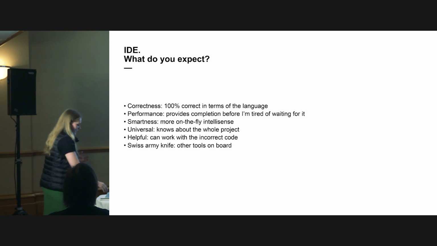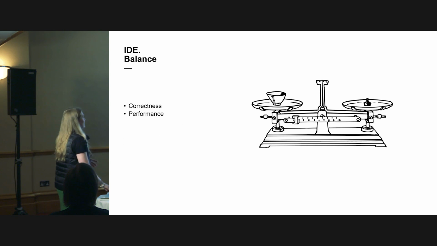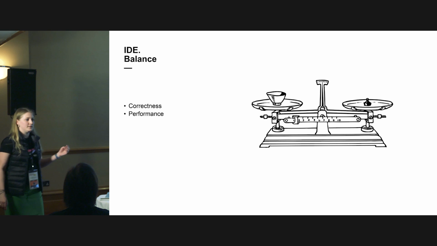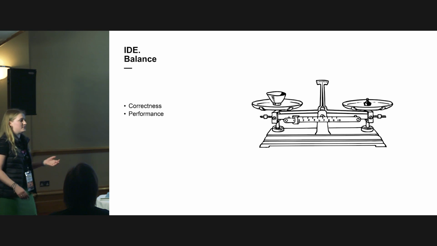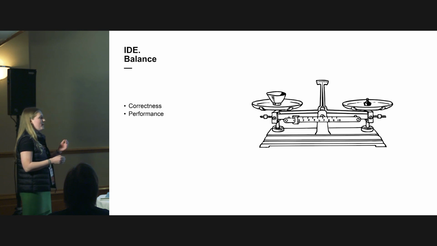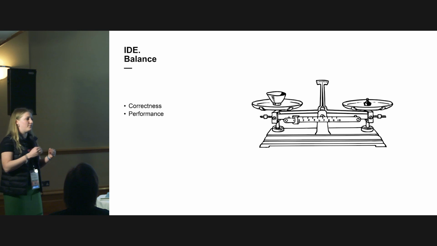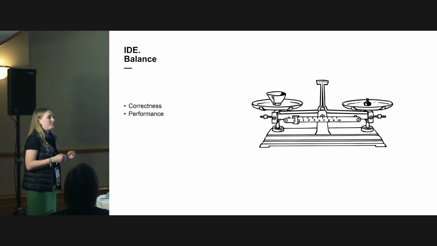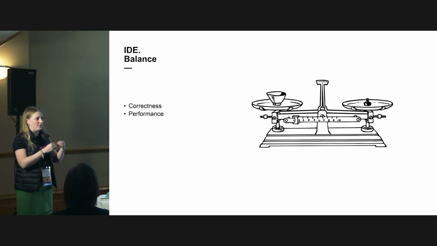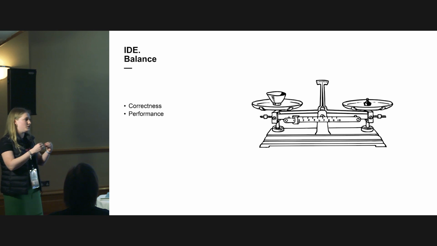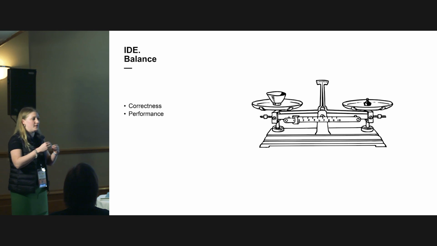If we take only the first two points from this list, you'll get our reality and how we look at it. For an IDE, correctness and performance are balancing each other at every moment in the lifetime of the IDE, because we need to find a proper balance. We need to be correct, and at the same time provide performance that is okay for the user.